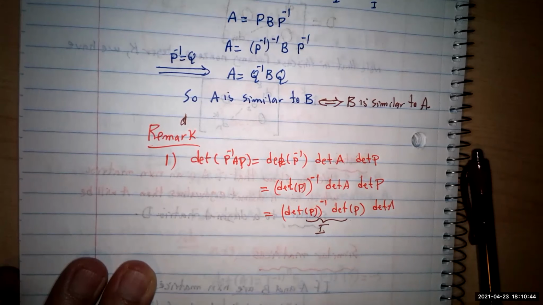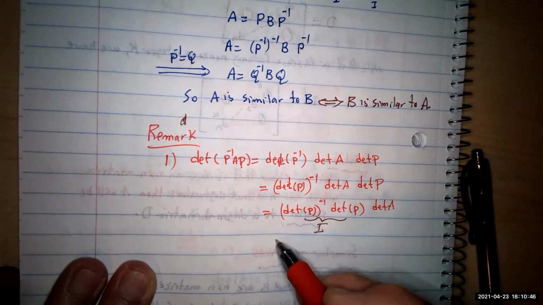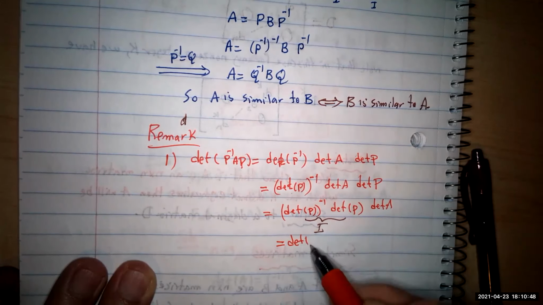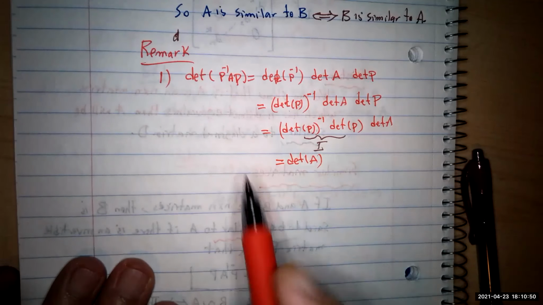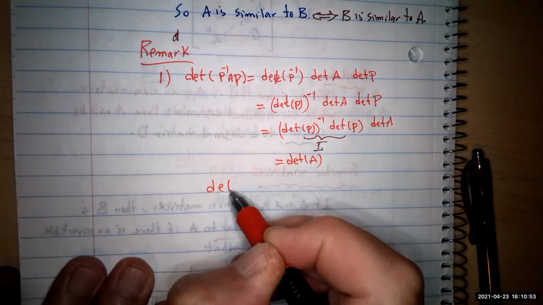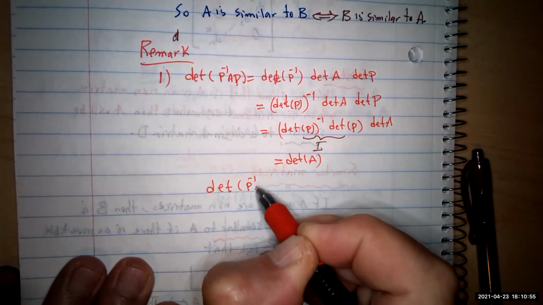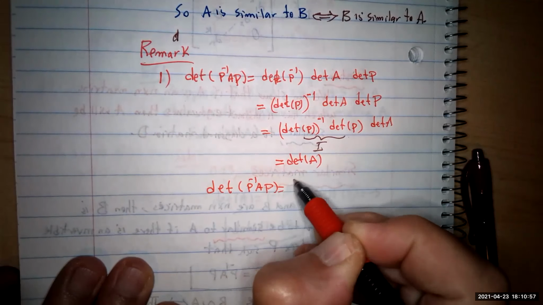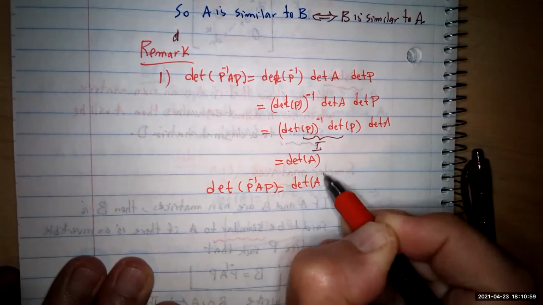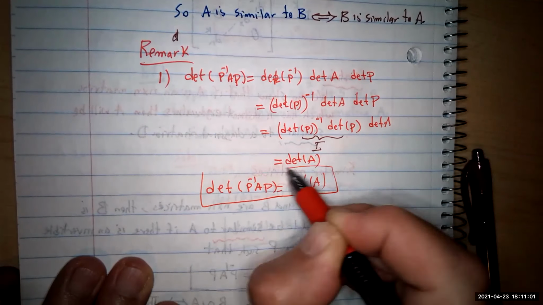So the result is simply the determinant of A. We knew it, but we just confirmed it again: the determinant of P inverse AP is equal to the determinant of A. That is going to be the first property.